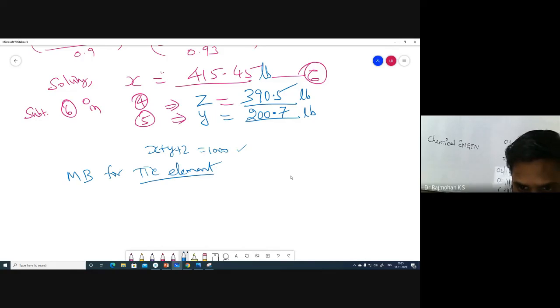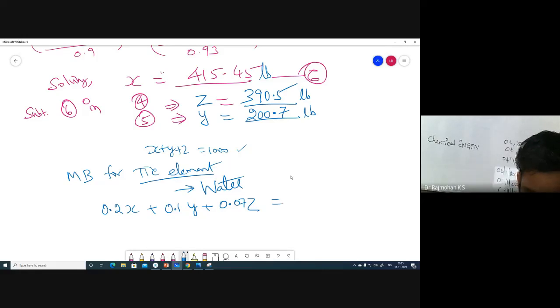The tie element is water, because water is present in all the products. We can say that for water you can do the material balance. In the feed, in x it is 0.2, okay, 0.1 y plus 0.07 z is equal to 0.13 into 1000. That is the individual material balance for key component water.